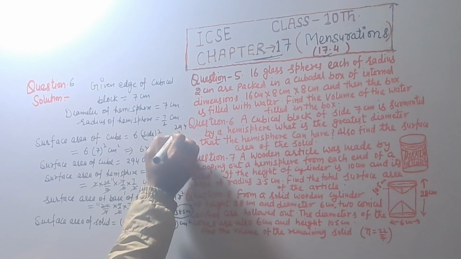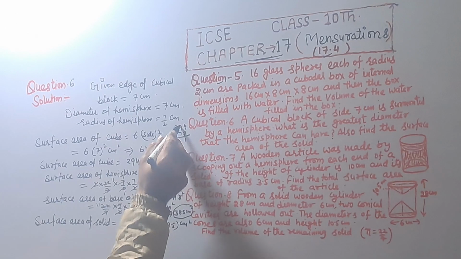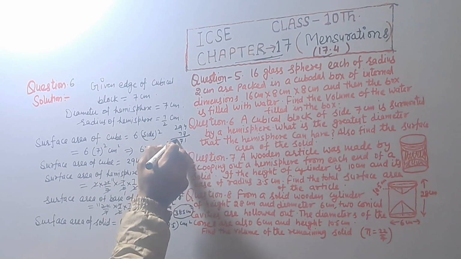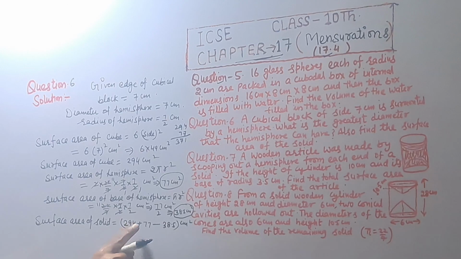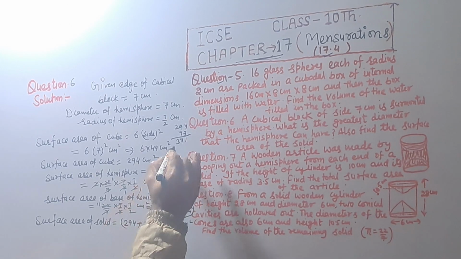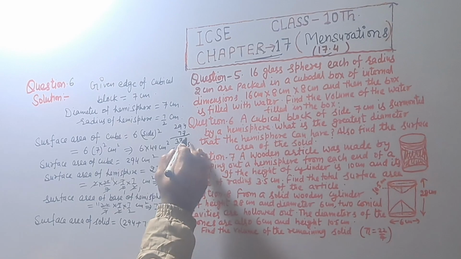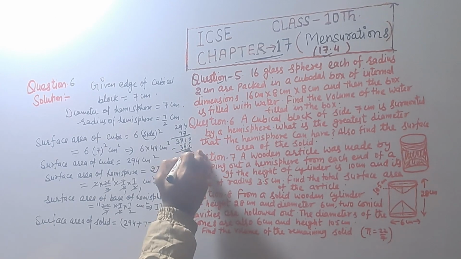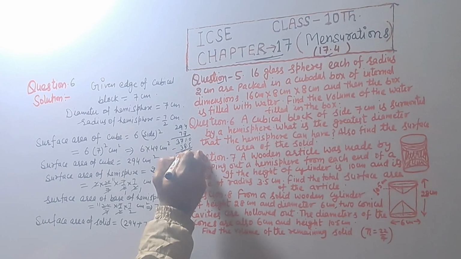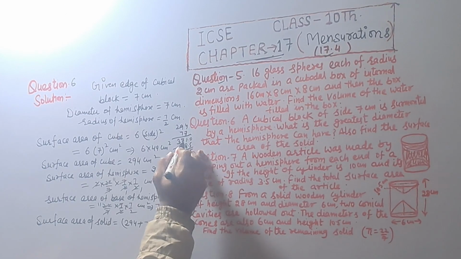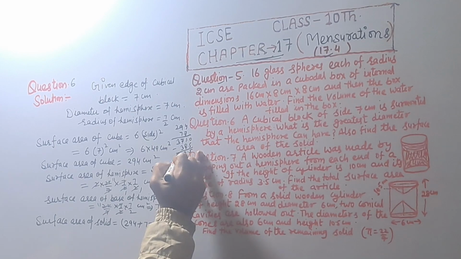294 plus 77 is equal to 371. Minus 38.5, that is 5, and 10 minus 8 is equal to 2, 6 minus 3 is equal to 3, and 3.